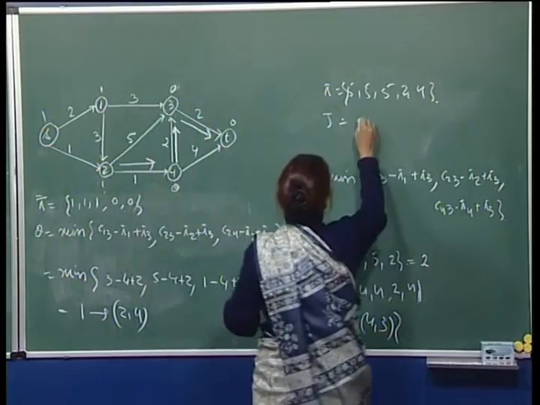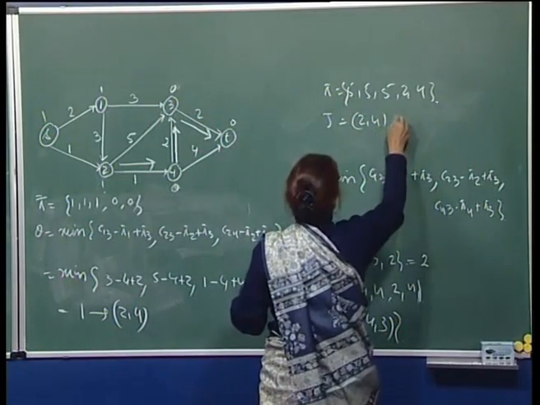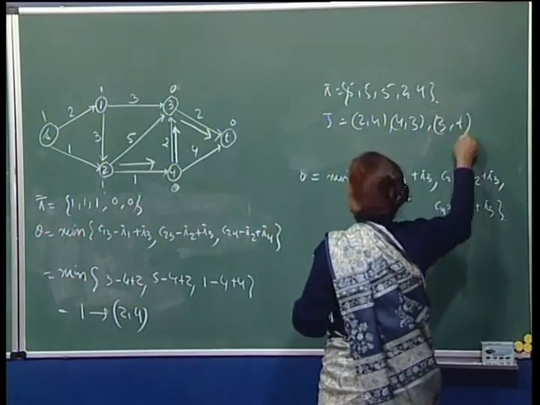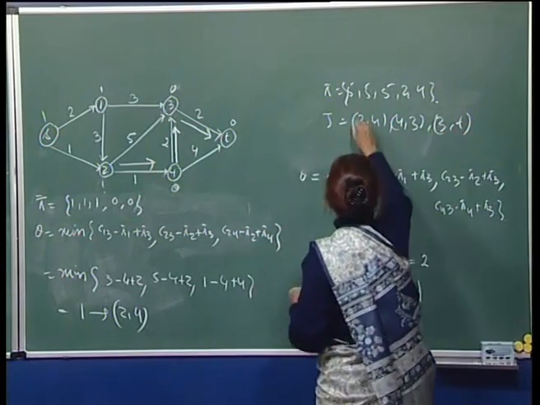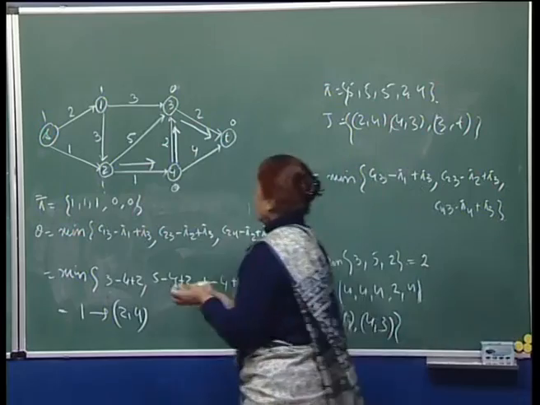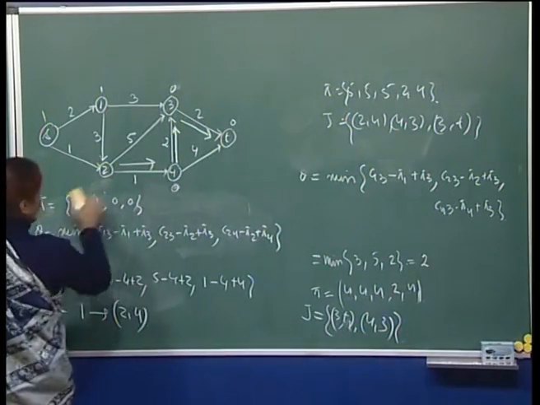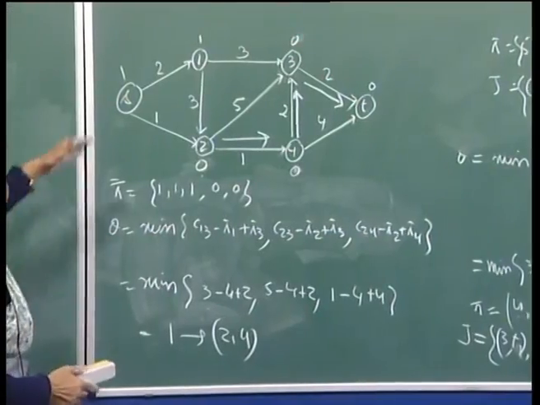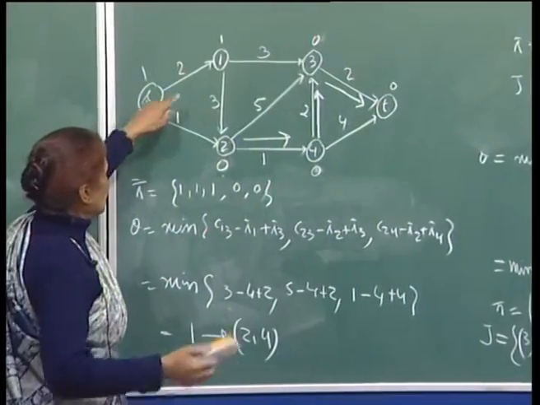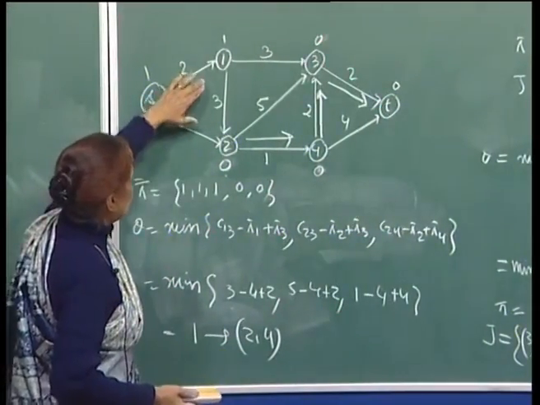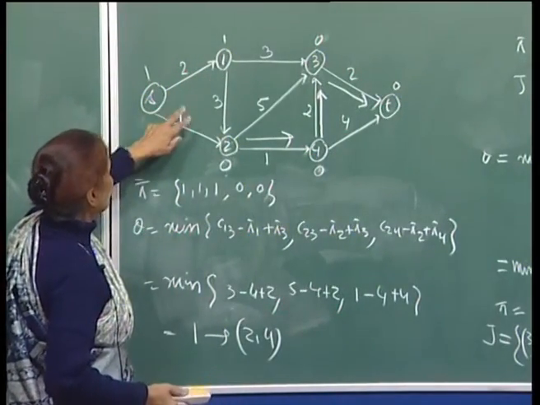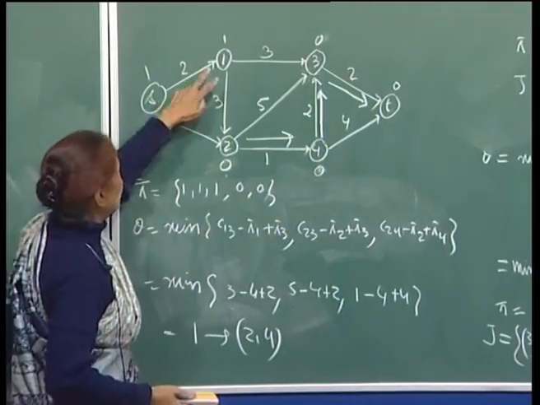Now you have 2 4, 4 3, 3 t, right? These are the arcs that you have. And so the new restricted dual solution I am showing here will be, this is 0. Now all these are 0. Therefore you have 2 arcs, 1 2 and S2, and that is it.